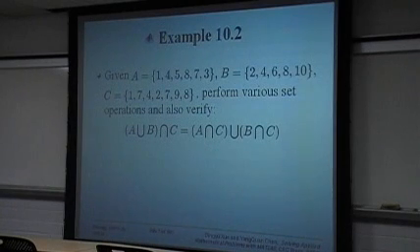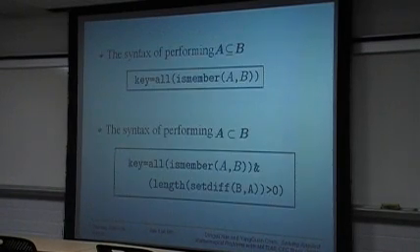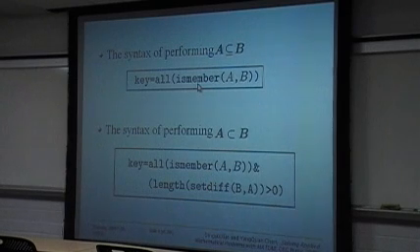When it is a subset, then we can use this command to check whether A is a subset of B, or whether A is a strict subset of B. We can use these two commands for set operations, which is quite simple, so I will not demonstrate them here.